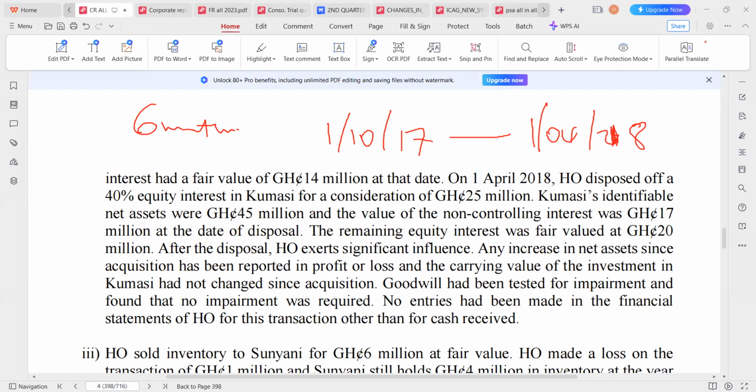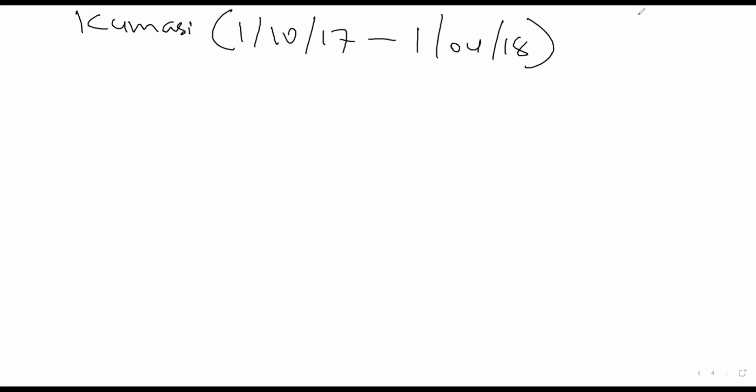So the NCI will be 40%. So for Kumasi, from 1st of October during the year, October 2017 to 1st April, NCI will be 40%.